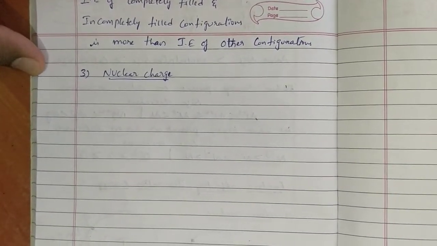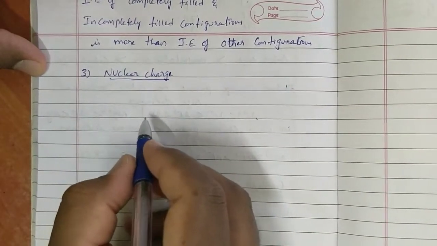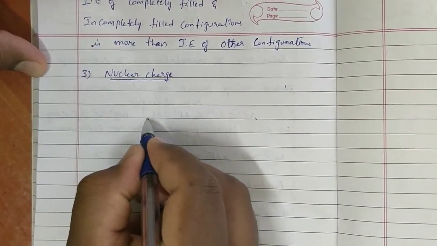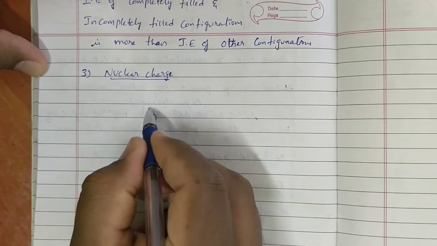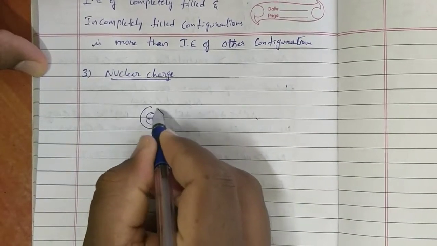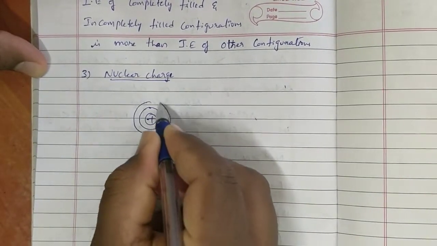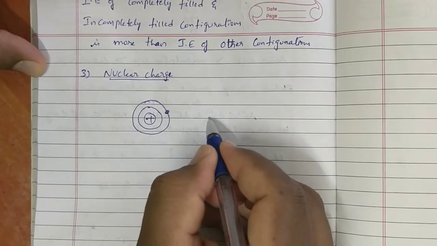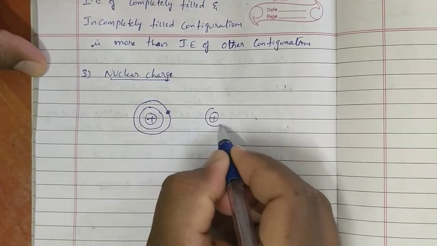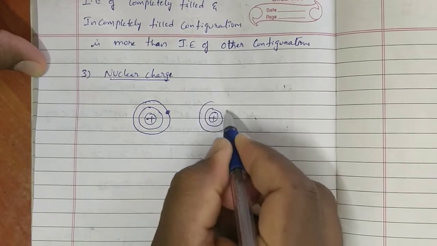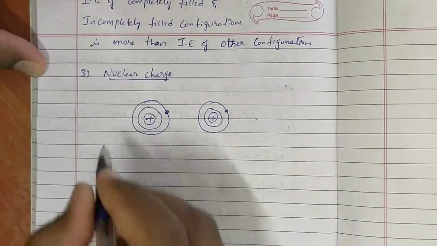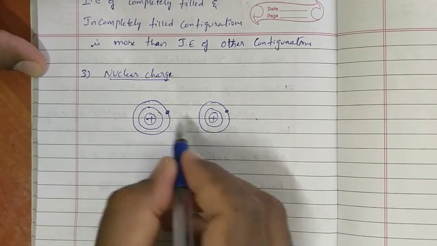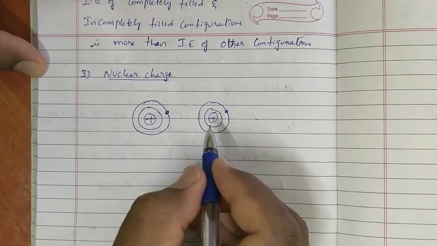For your understanding purpose, I am considering two atoms. These two atoms contain electrons present in the outermost shell, the second shell only.